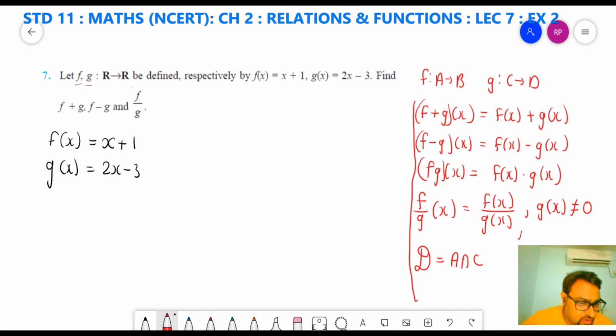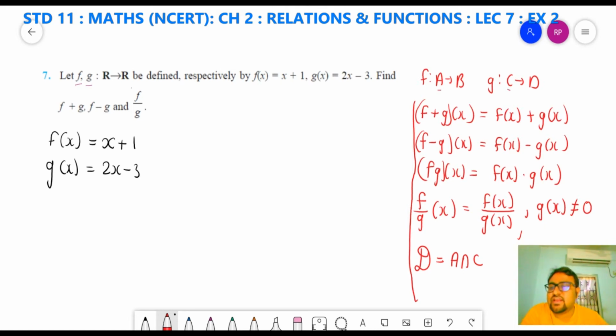In the case of division, you cannot take the value of x such that g(x) is equal to 0. That means you have to subtract that, so the domain is A intersection C minus {x such that g(x) is equal to 0}. Whereas in the first three cases, addition, subtraction and multiplication, you can take the value of x that belongs to the intersection of the domain of f and the domain of g.